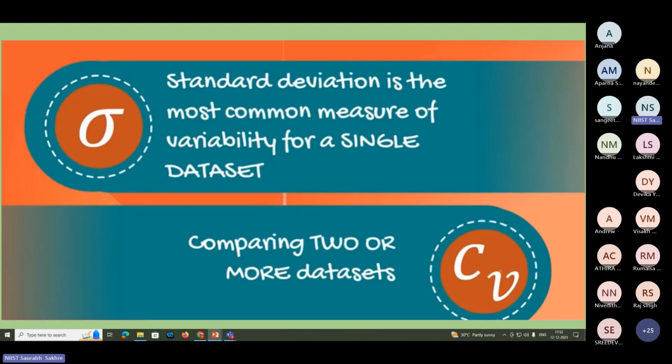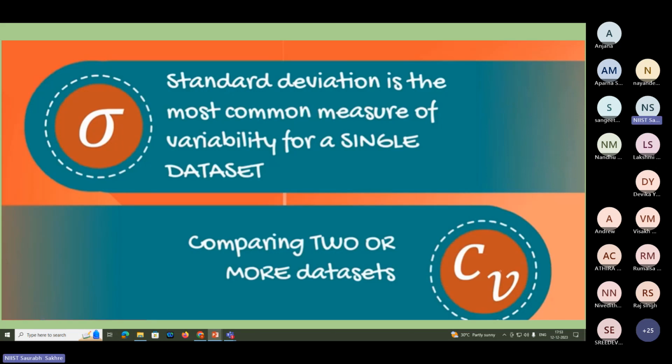Now you should understand when we use standard deviation and when we use coefficient of variation. Standard deviation we use when we are seeing variability in a single data set. In the data set itself, I am seeing the variability.